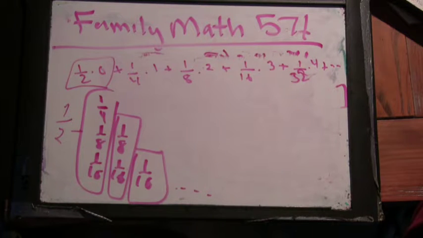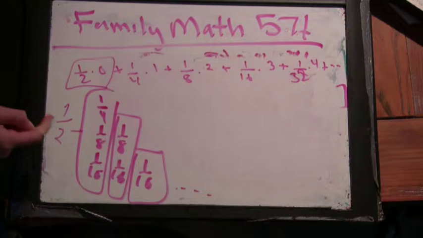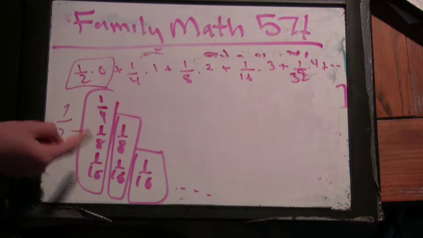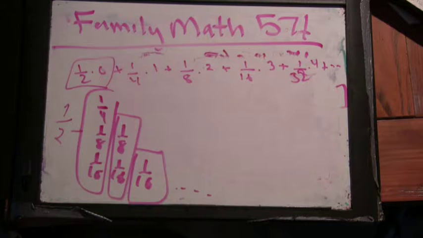It's 3/8. And then that plus a 16th is going to be 7/16. Okay. And then you just keep going down this, and you get a half. You get closer and closer to a half.